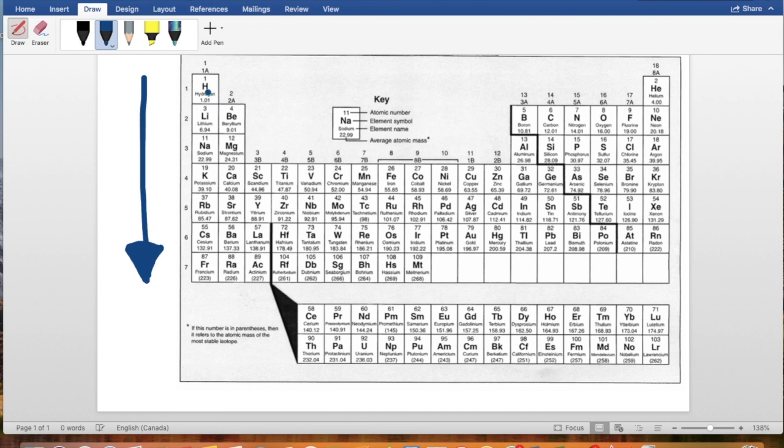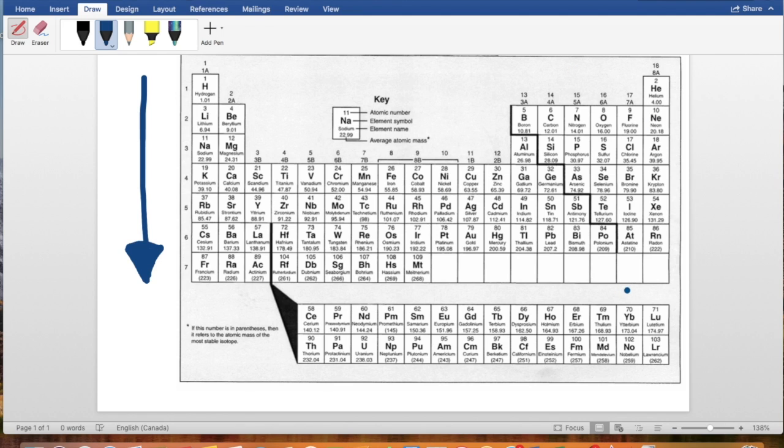Now, if you were to start at the left of the periodic table and go towards the right, the atomic radius would actually decrease. And that's because even though these atoms have similar shells, the atoms towards the right of the periodic table have more electrons. And those electrons are attracted to the protons in the nucleus, which makes the attractive forces in that atom stronger than those towards the left and makes the atoms shrink.